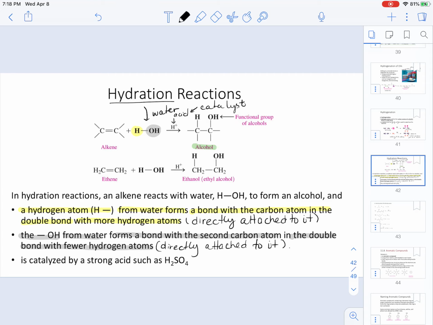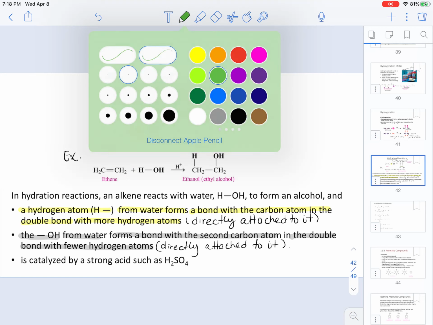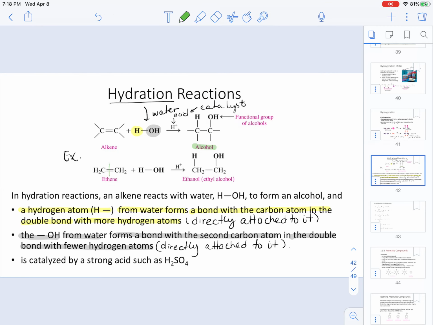So let's say that I give you an example of this addition, and I'm just going to do this on the side. What you guys can see is that in the example that I have on the slides, this molecule of ethene, when we're adding the hydrogen and the OH, it doesn't matter which carbon atom gets the hydrogen and the OH, because this molecule specifically, if we cut it in the middle, has symmetry, meaning the right side of the molecule looks like the left side of the molecule.